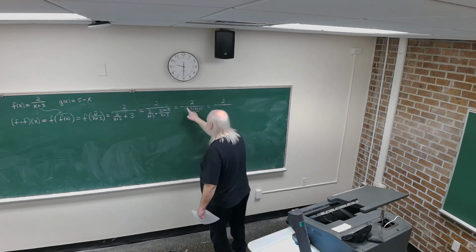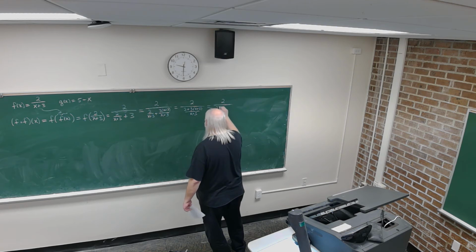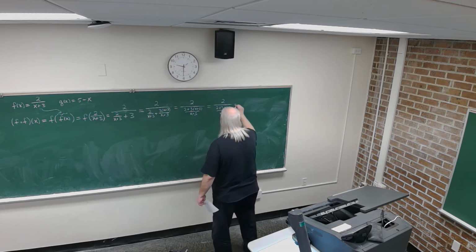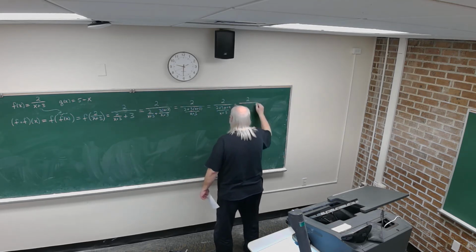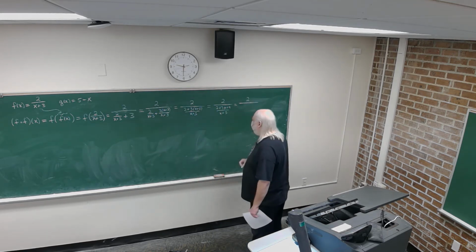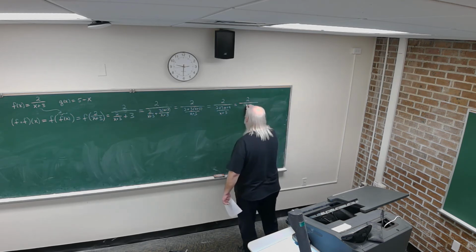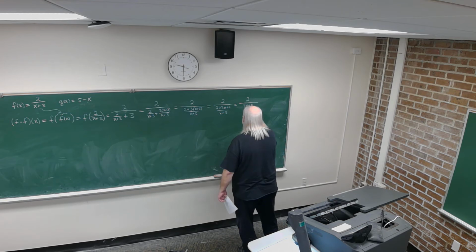And so this part right here simplifies to 3x plus 9 over x plus 3. And 2 plus 3x plus 9 simplifies to 3x plus 11 over x plus 3.